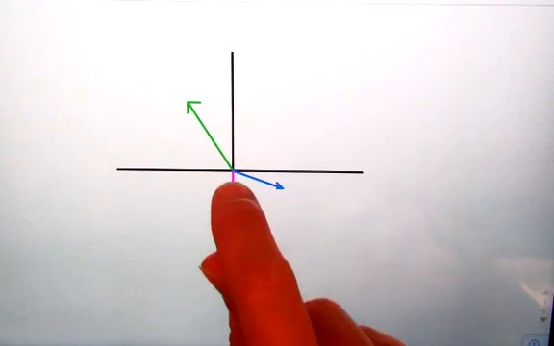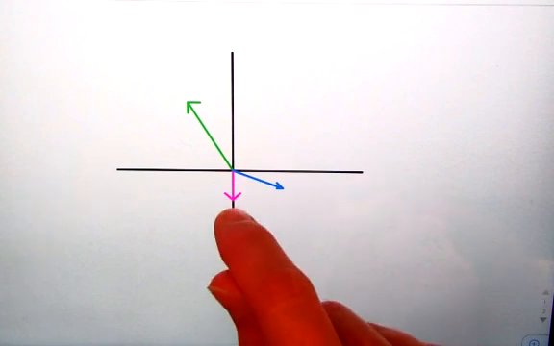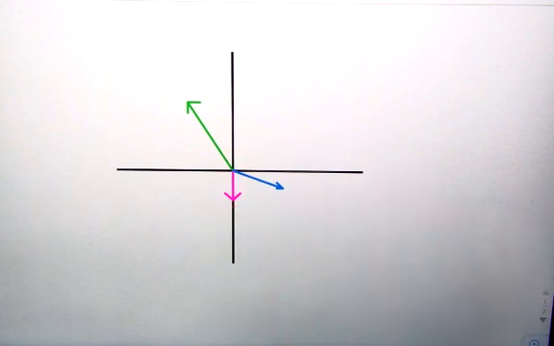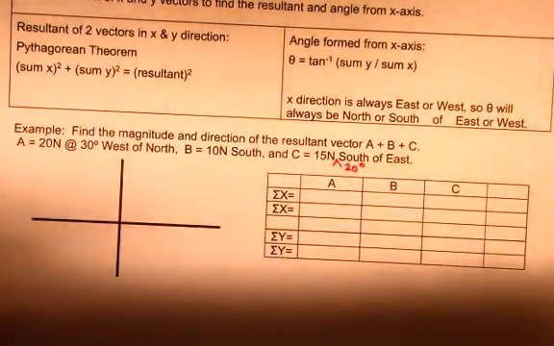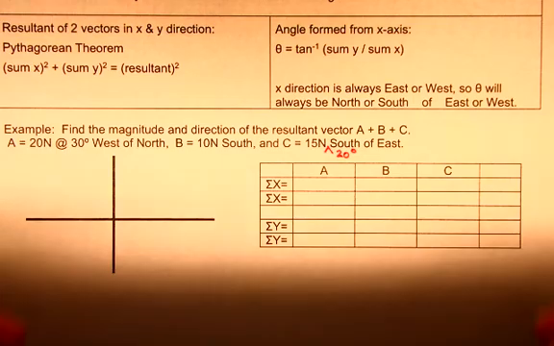And then I have my 10 newtons south. And then I have, what was the last one there? It was 15 newtons south of east.